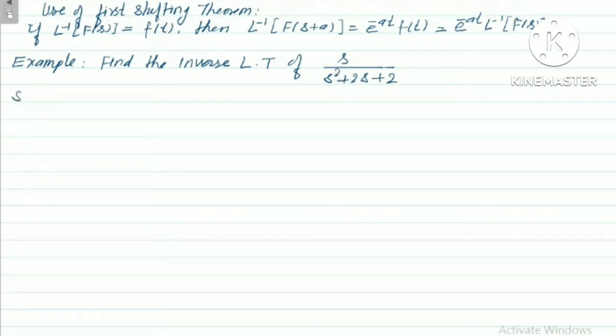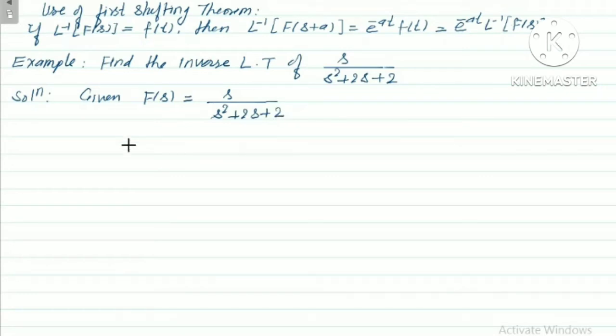So the solution of this: we first write down, given that F of s is the function of s, that is s upon s square plus 2s plus 2.